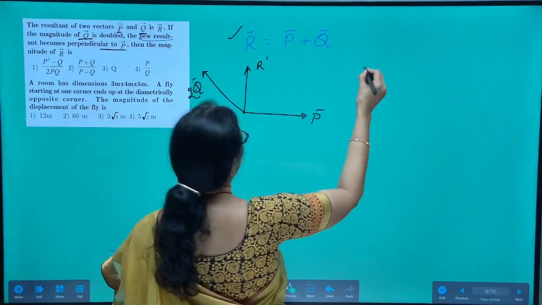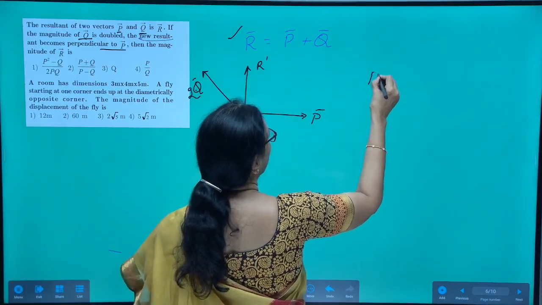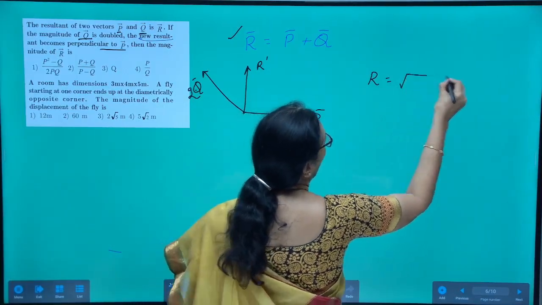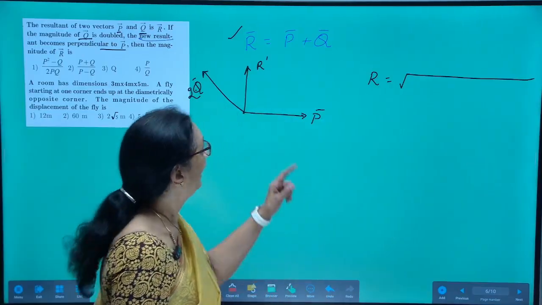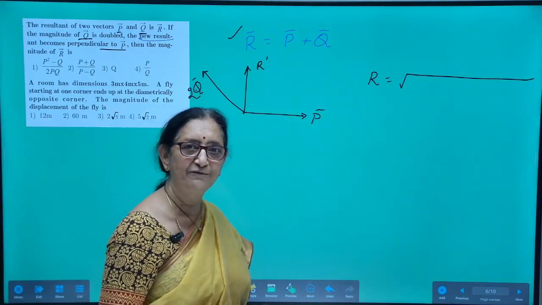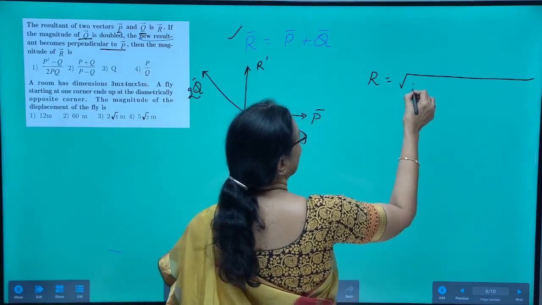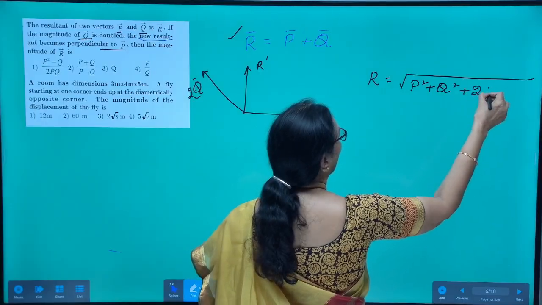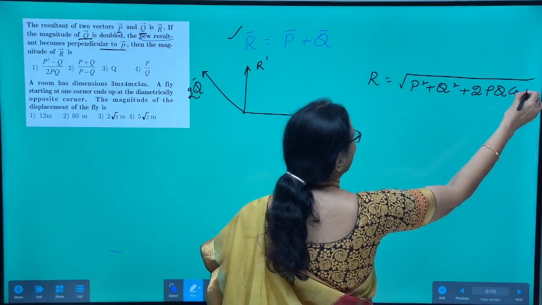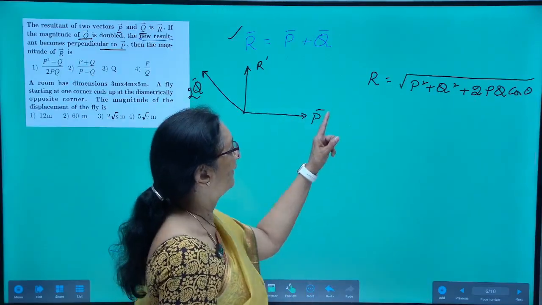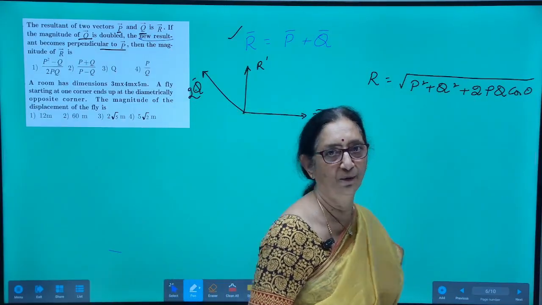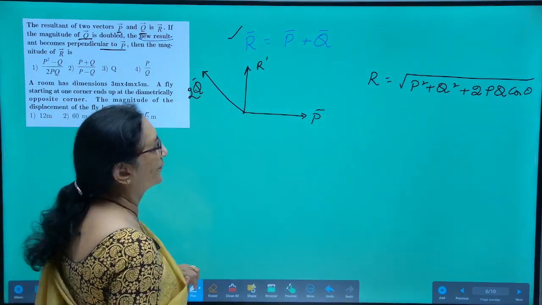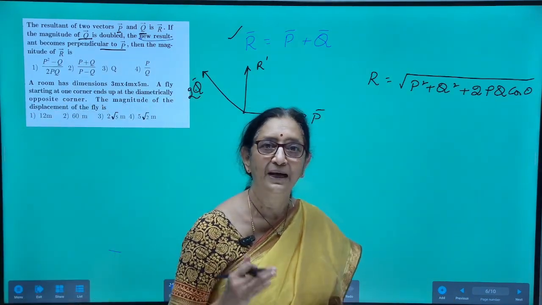To find r, what formula will we use from the parallelogram law of vectors? As r bar is the resultant of p bar and q bar, r is equal to root of p square plus q square plus 2pq cos theta. To find r, theta must be known, because the options are given in terms of p and q.